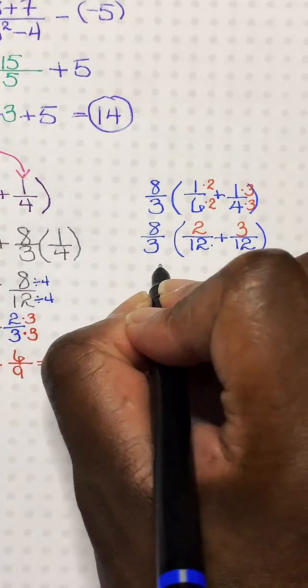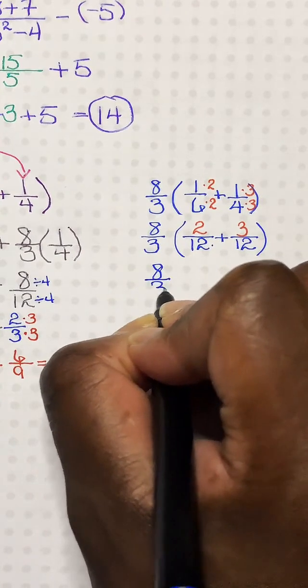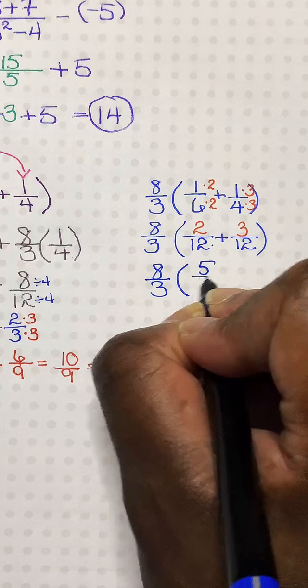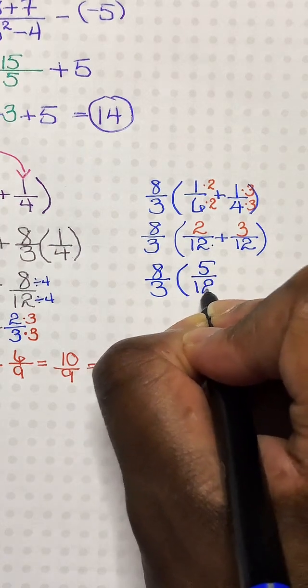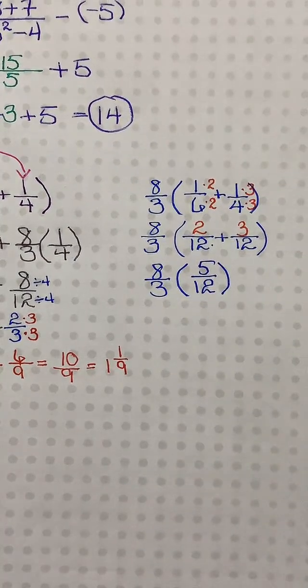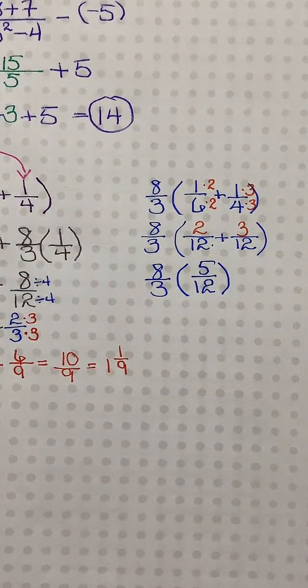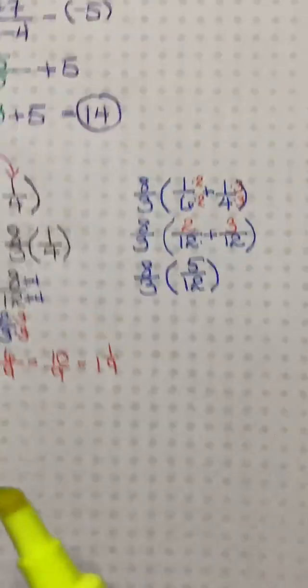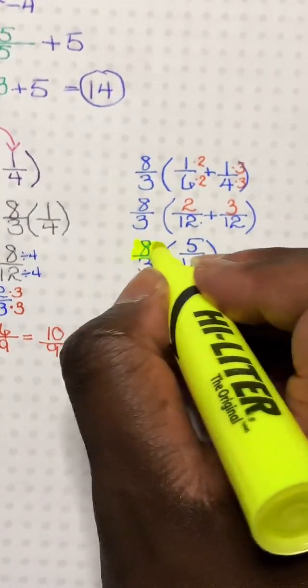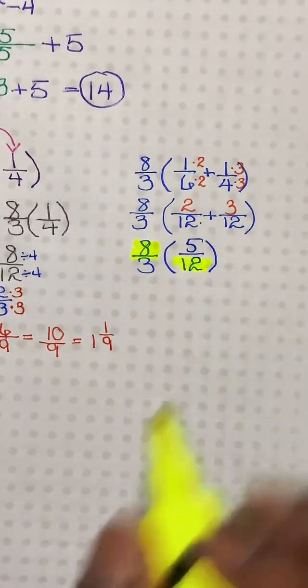So that means we have 8/3 times 5/12. So I'm going to take it a step further. Look right here with the 8 and the 12.